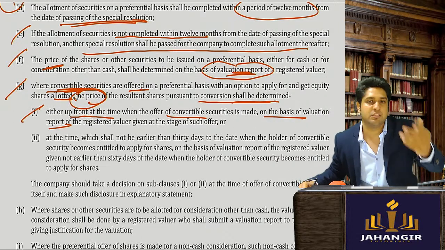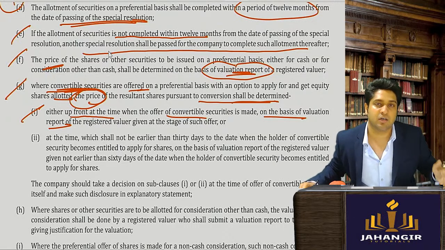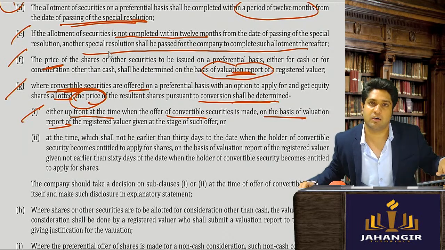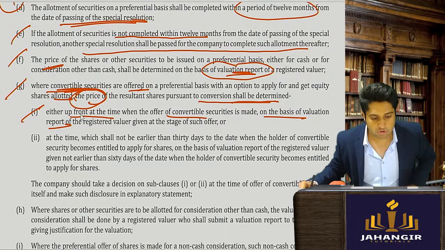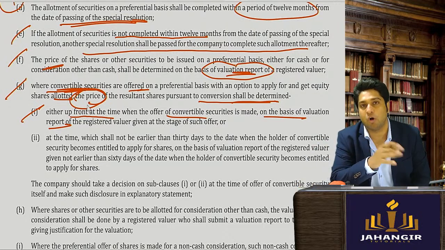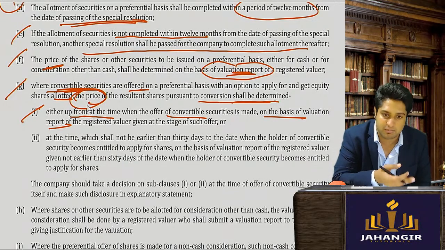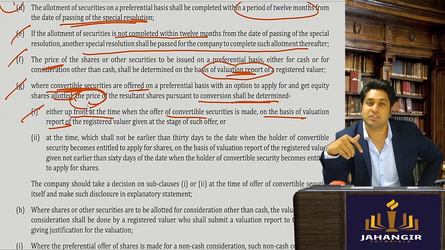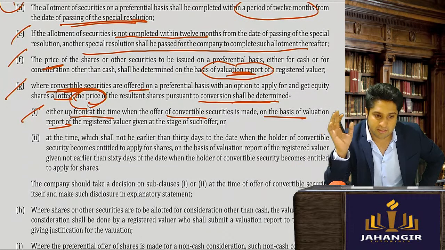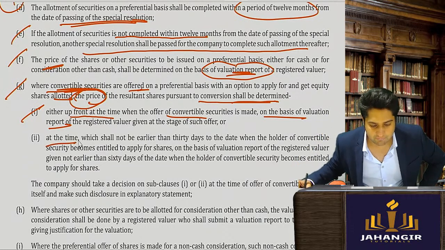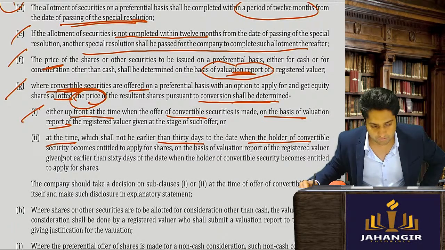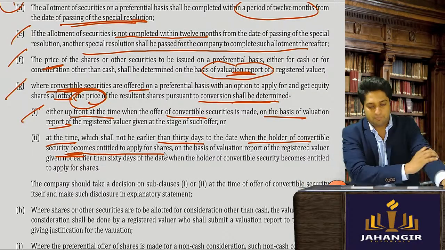So when we are giving convertible securities, for example CCDs, compulsorily convertible debentures, or OCDs, optionally convertible debentures, these are convertible issuances. So the conversion price, that is, one debenture will be turned into how many equity shares, can either be decided upfront or at a time which shall be within 30 days to the date when the holder of the convertible security becomes entitled to convert them.